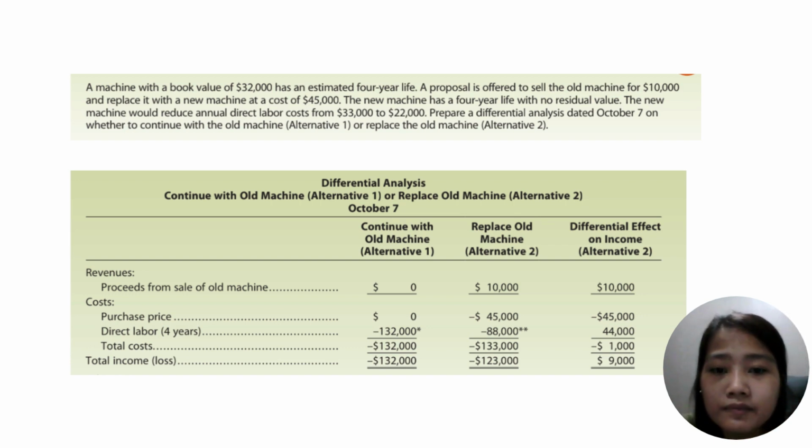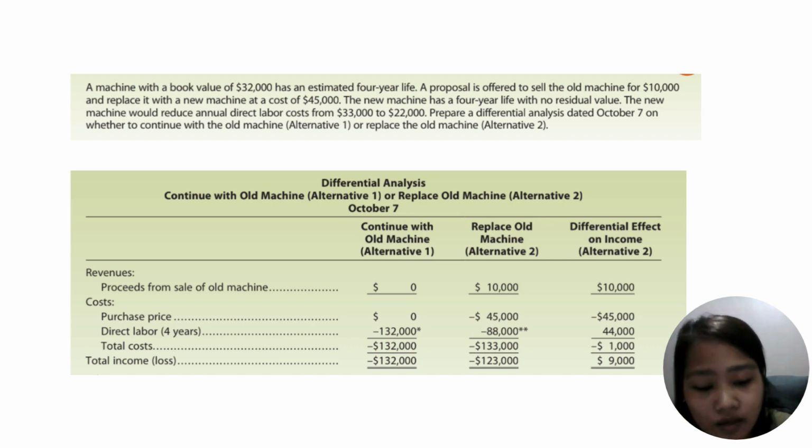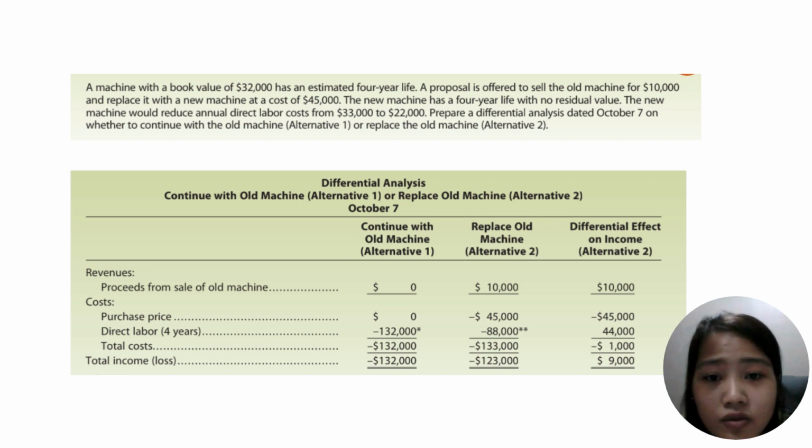So for alternative one, we have to continue with the old machine. So the direct labor here is for 4 years. We compute this one by $33,000 times 4 years. So that is $132,000.